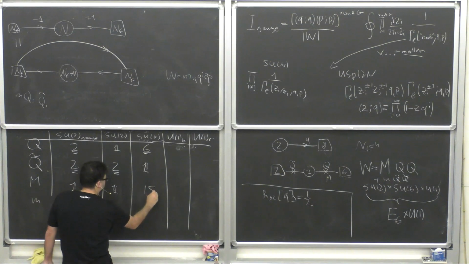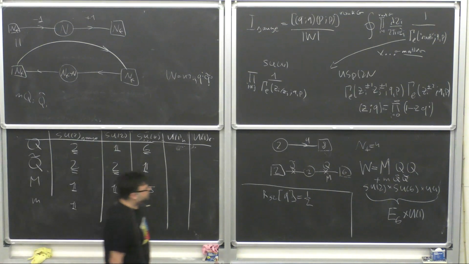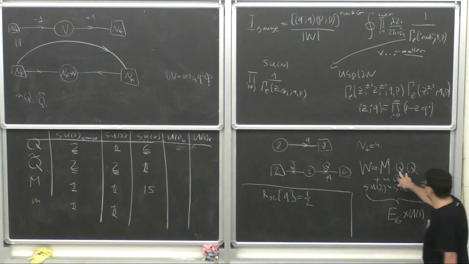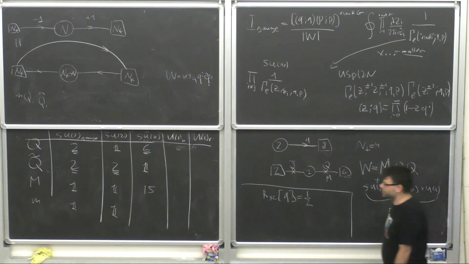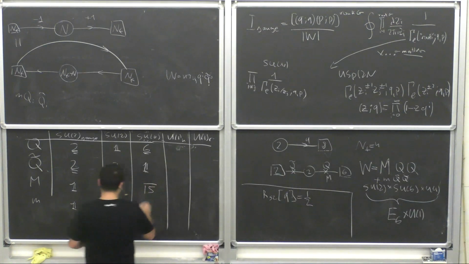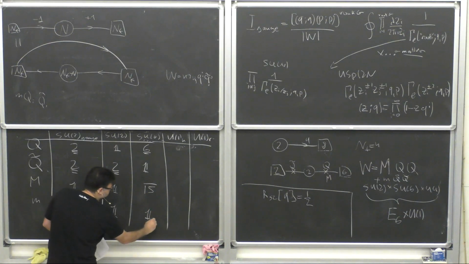The field M, as I mentioned, transforms in a 15-dimensional representation of SU6. So what is this representation? We have two Qs. We anti-symmetrize the indices, so we get a 15-dimensional representation. M transforms in the conjugate representation, so let us call that representation 15 bar. And again, the field small m doesn't transform under anything.